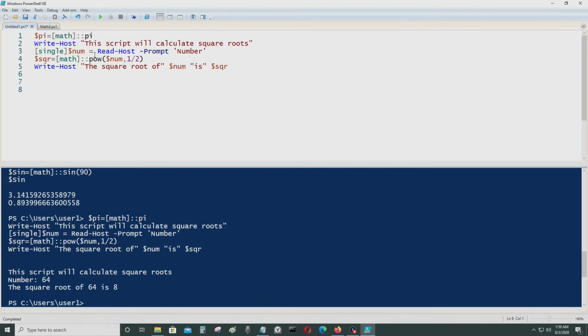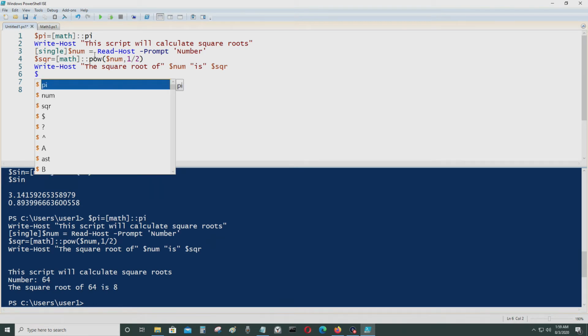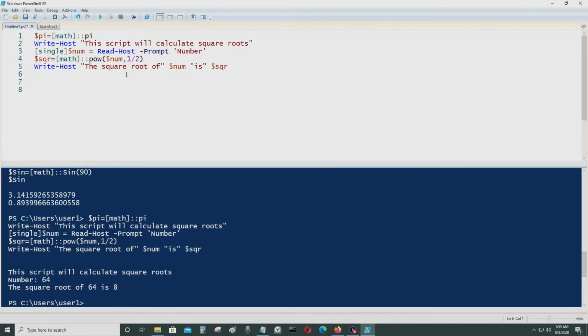And we could do something else with the math function. Let's write an area of a circle. This script will calculate the area of a circle.